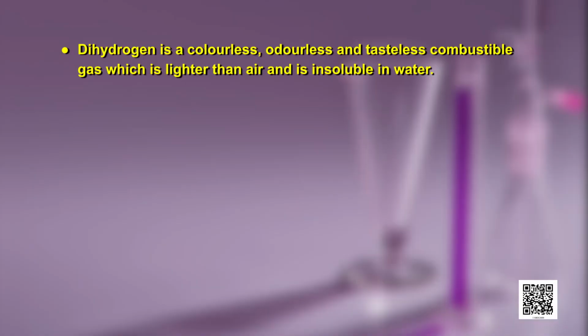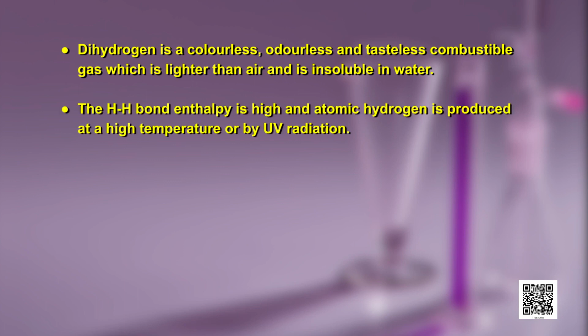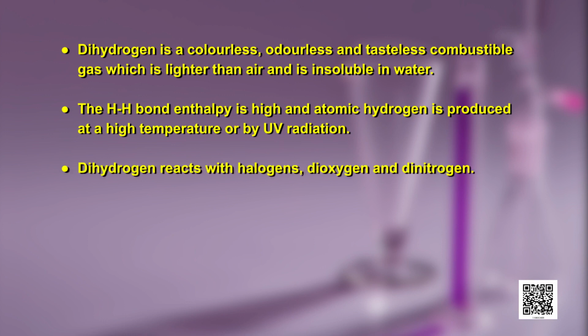Dihydrogen is a colorless, odorless and tasteless combustible gas which is lighter than air and is insoluble in water. The hydrogen-hydrogen bond enthalpy is very high and atomic hydrogen is produced at a high temperature or by UV radiation.